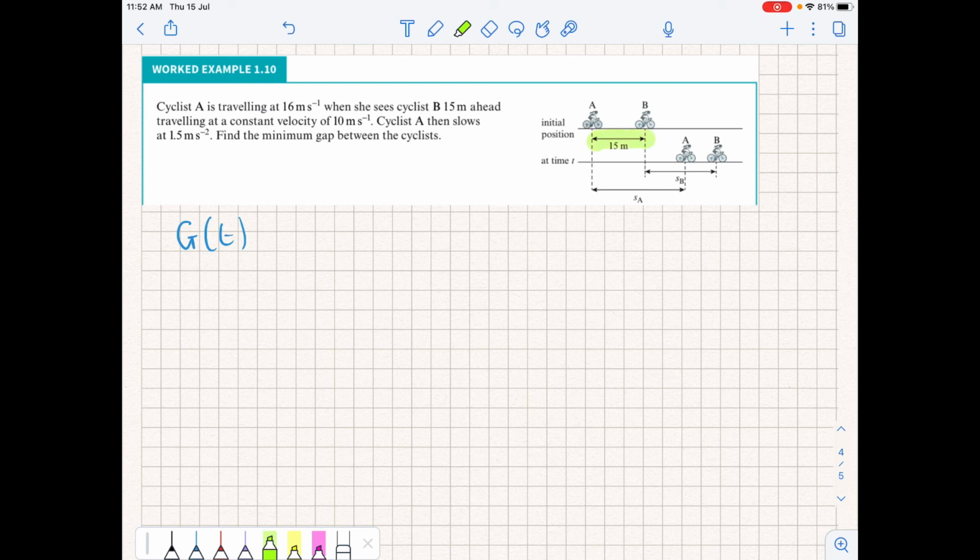And after a certain amount of time, both cyclists would have moved some displacement forward. Cyclist B will have moved this distance here, and cyclist A will have moved this distance here.